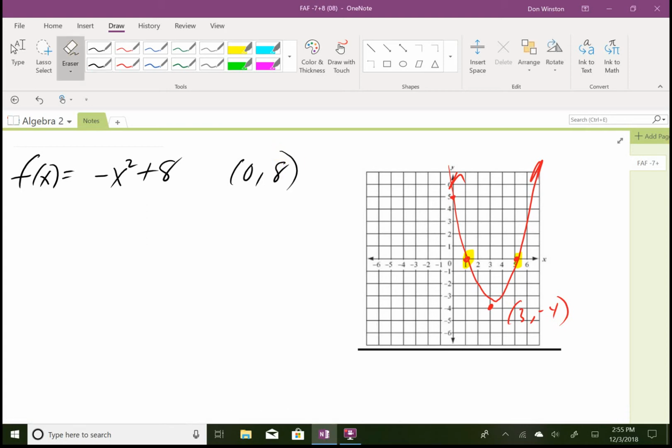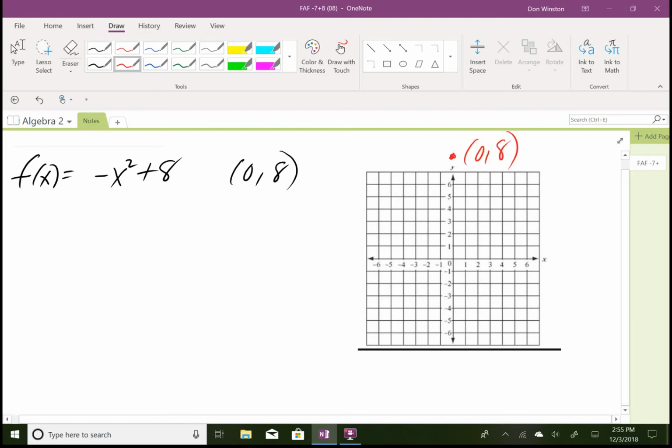The leading coefficient is negative, so this will be a sad graph. It will be pointing downwards. So let me graph the point (0, 8), and that will be somewhere about up there. So that would be my vertex. x is 0, y is 8.